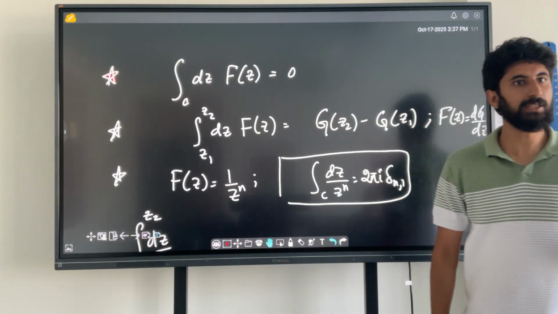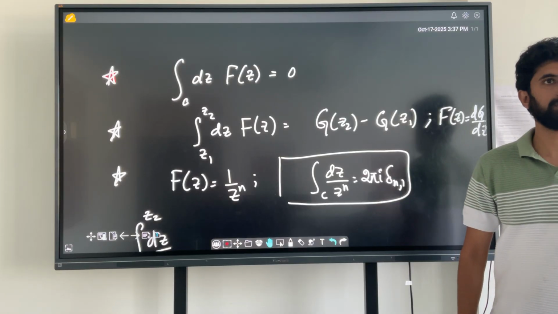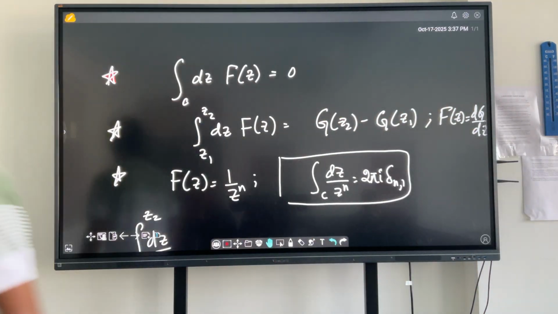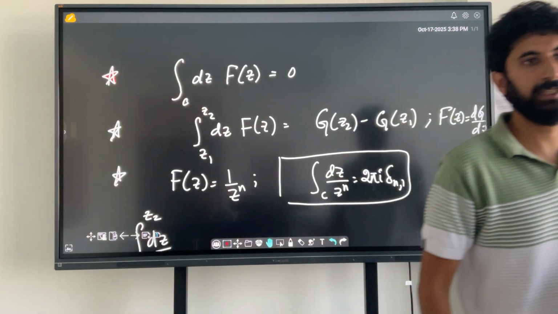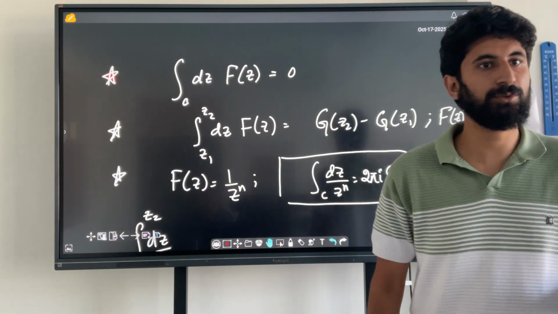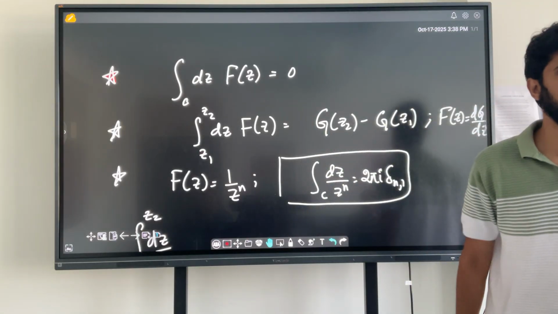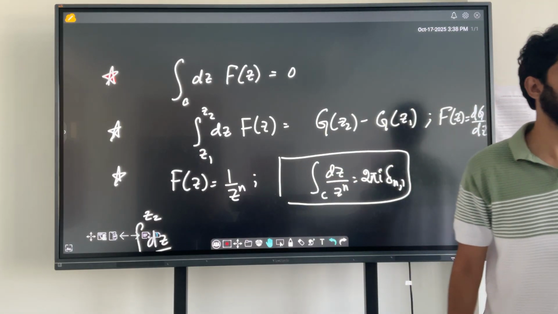Now there is one point where the Cauchy-Riemann conditions don't hold, and the function is not analytic.